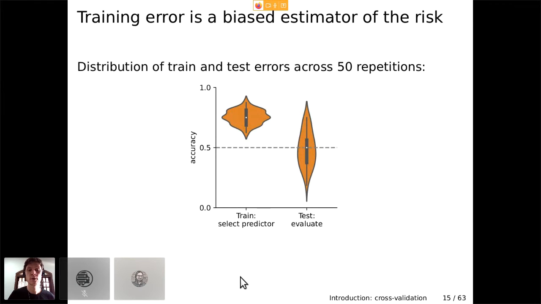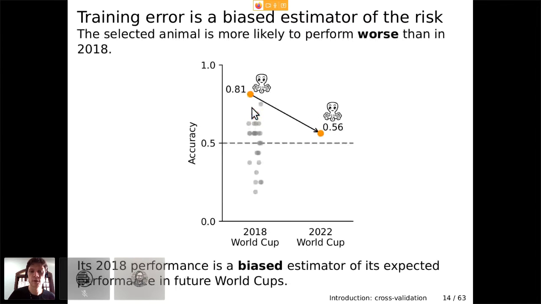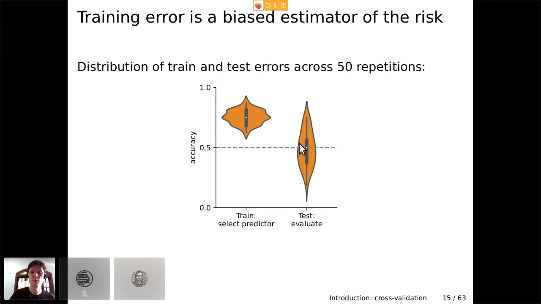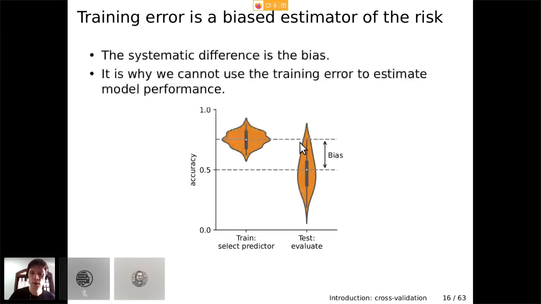That was just an example, but if I repeat the same experiment several times and then plot the distribution of the performance of the best here and then its performance in the new data set, we see that these distributions are different. And that systematic difference between an estimator and the true value that we're trying to estimate is called a bias.